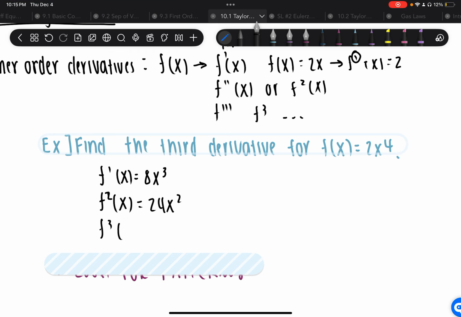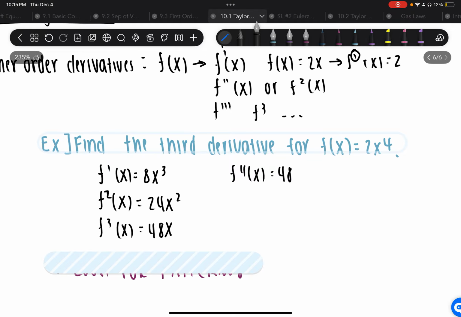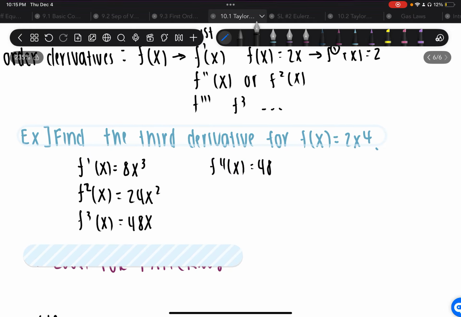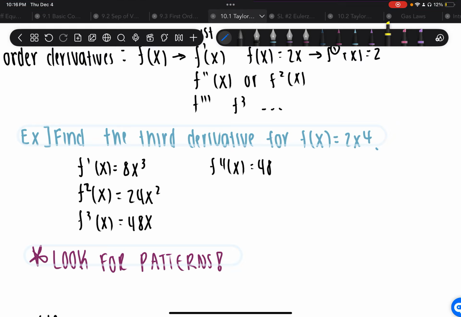And then our third would be 48x. So essentially, you are just taking the derivative of a derivative. And then if we were to find the fourth derivative, it would just be 48.